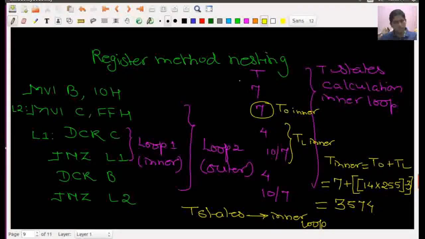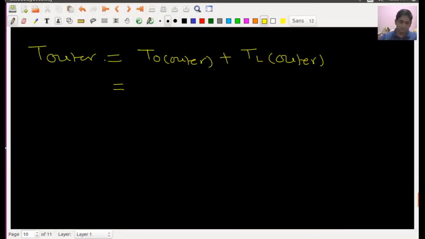Obviously, the outer loop will take a total of 7 T states. So I'm writing 7, plus whenever we are doing the calculation for this one, we have to go like this. So the outer loop is taking 7 T states. Why is it taking 7 T states? Because this is due to the instruction MVI B, 10H. Okay, so this was the outer loop.